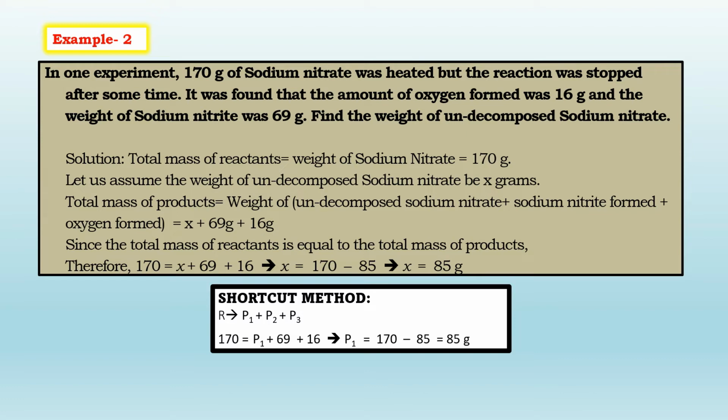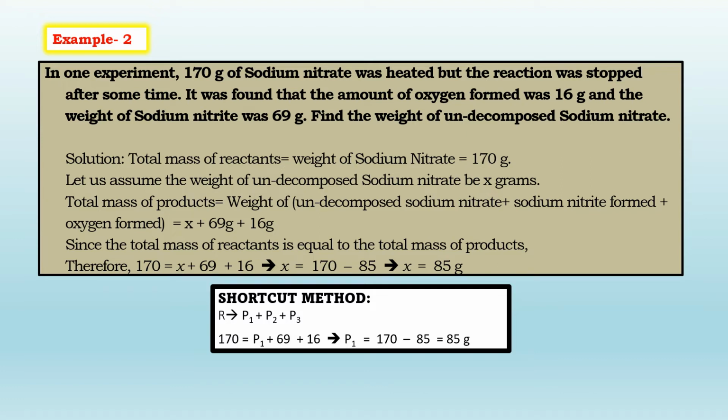Since the total mass of reactant is equal to the total mass of products, therefore 170 = x + 69 + 16. Solving for x, x = 170 - 85, or x = 85 gram.